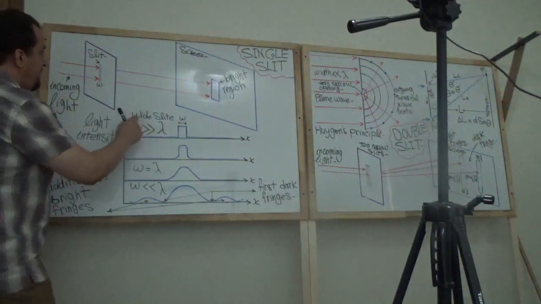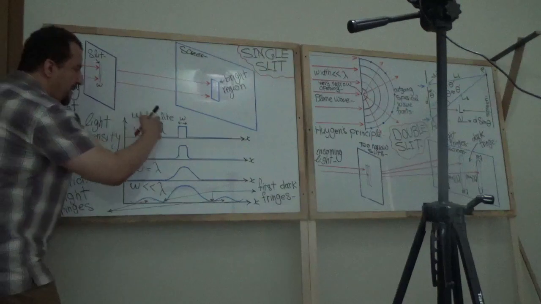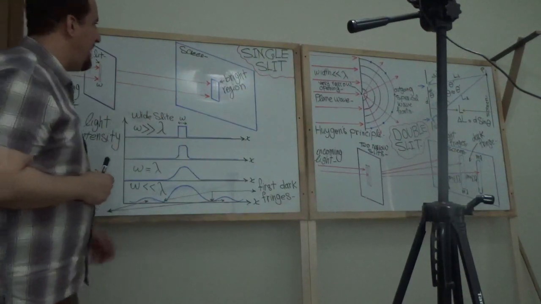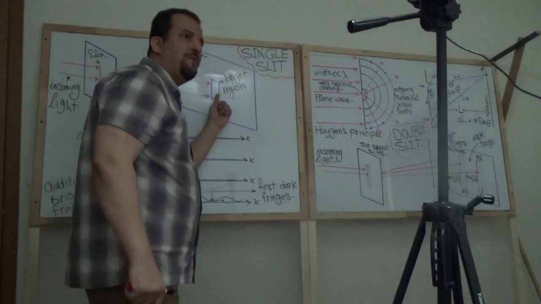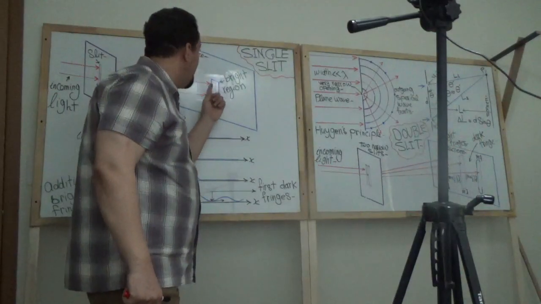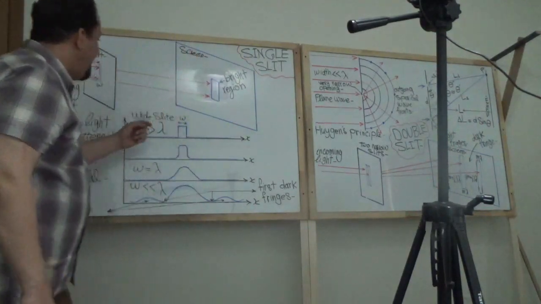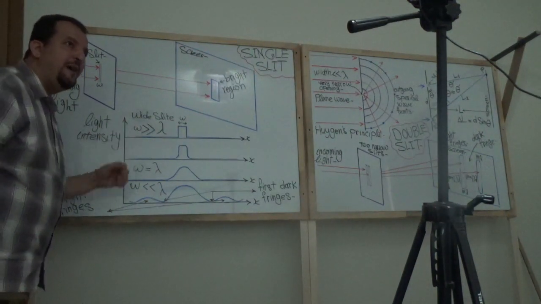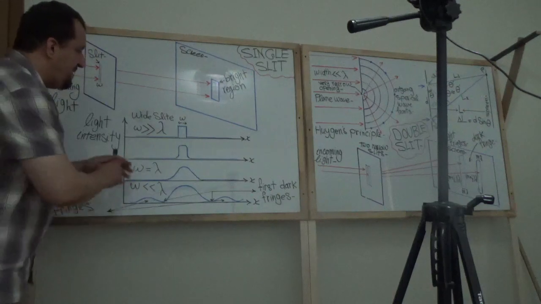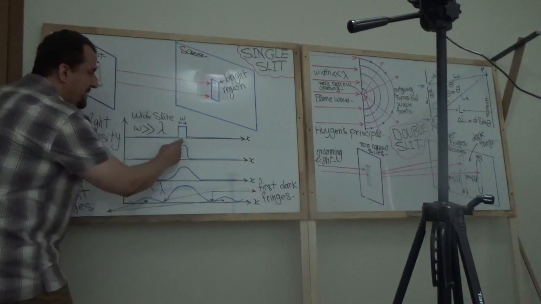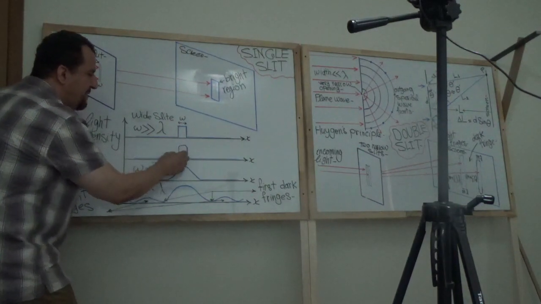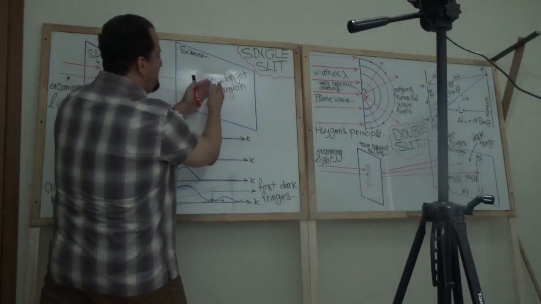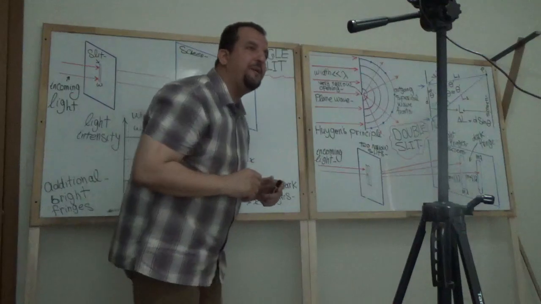So if the width of the slit is larger than the wavelength of the incoming light, you will have a bright spot like this. If I decrease the width of the slit, you will notice a change, not in the intensity, but in the width of the bright spot.